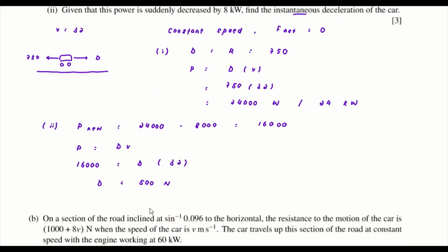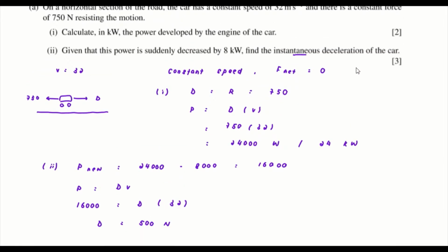So the driving force changes. That's why later you will see that there will be a deceleration that causes your v to decrease. But the instantaneous deceleration that makes the v decrease does not happen at that instant when the power suddenly decreases. Okay, so that's the idea. So now we can continue. So D minus resistance is equal to ma.